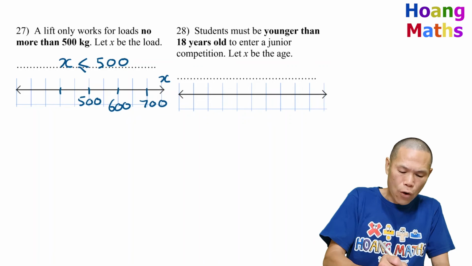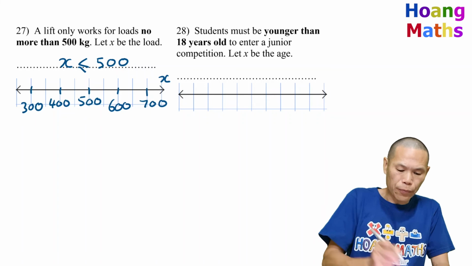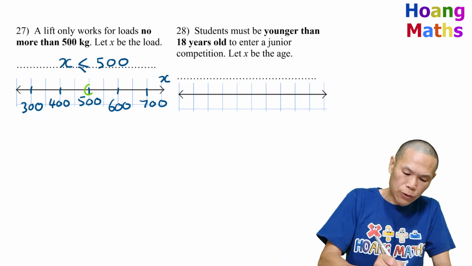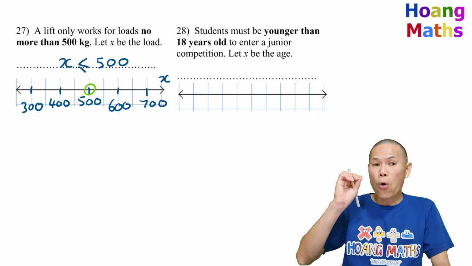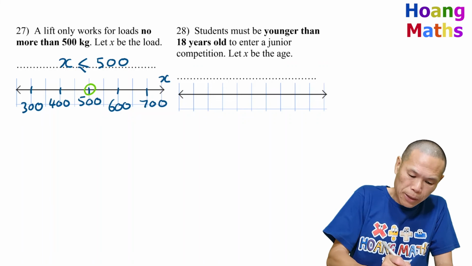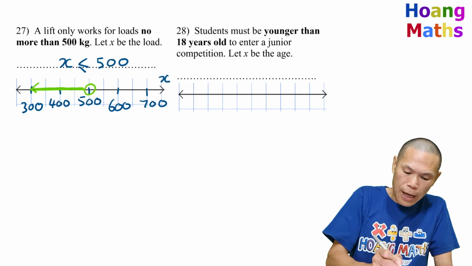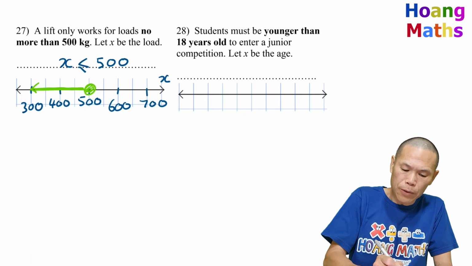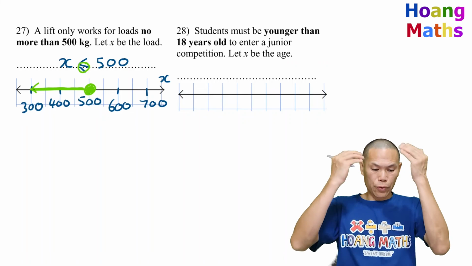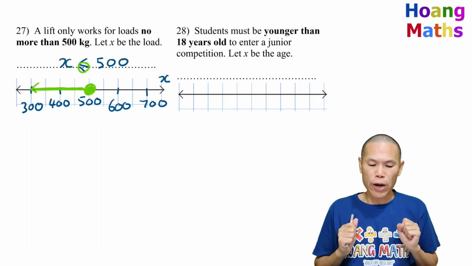This is 400. This is 300. Keep that in mind. I circle 500, and we want all the numbers less than 500, so this way, like this. And fill up the circle because we have the equal here. So that's it. There you go, and hope you got it correct.